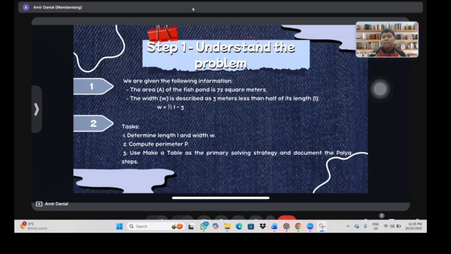The task is we must determine the length L and width W. Second, we compute the perimeter, P. So we use make a table as the primary solving strategy and document the Polya steps.